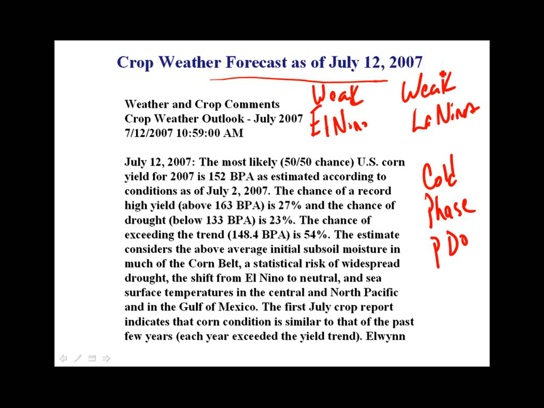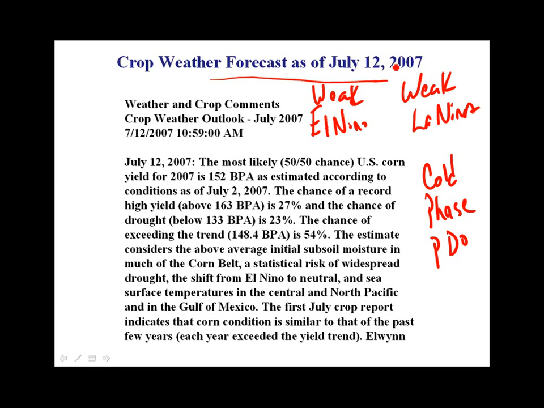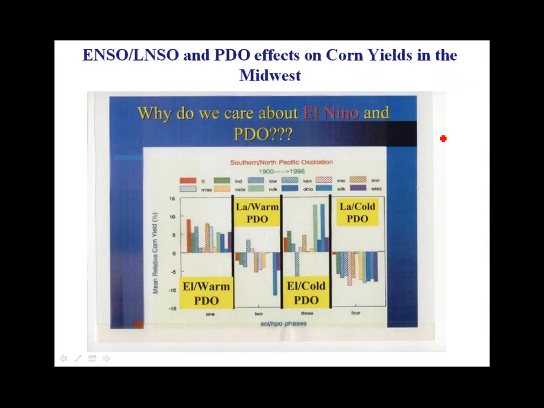So the fact that we had a weak La Nina last year, along with a cold PDO, would correspond mainly somewhere between this area and this area here.